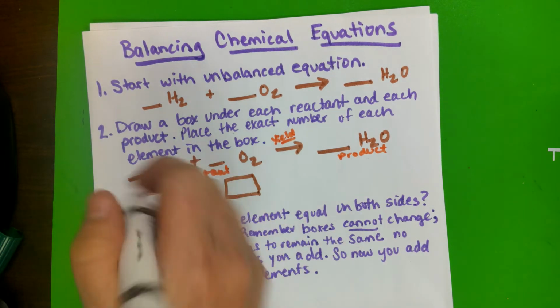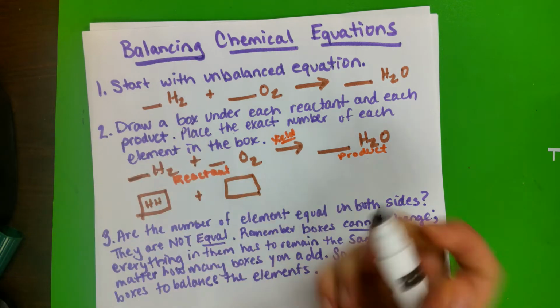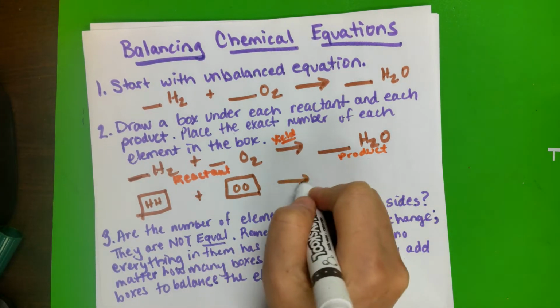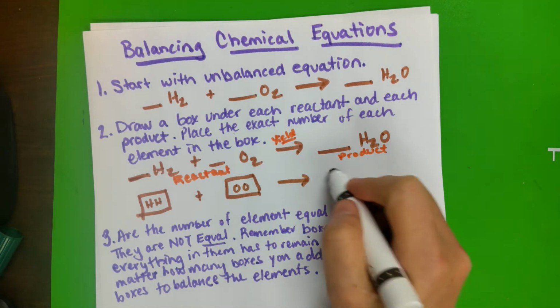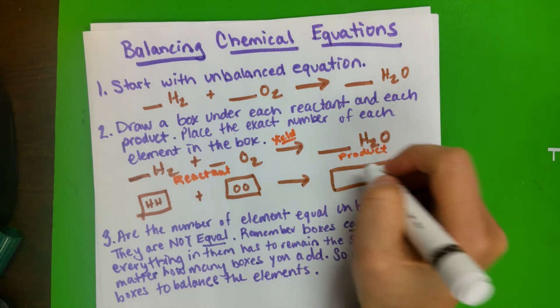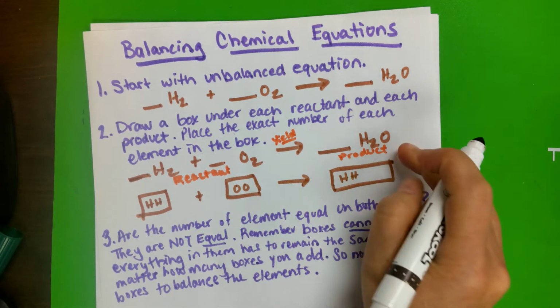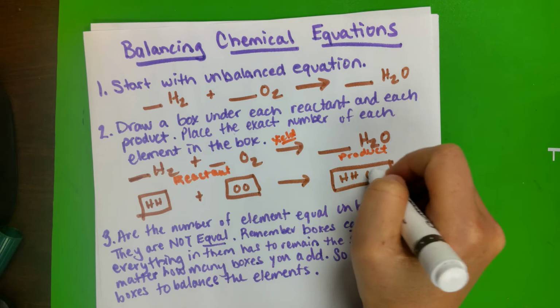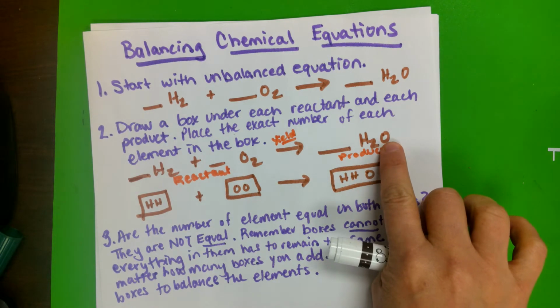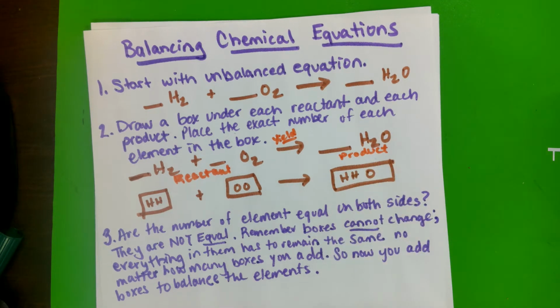So this one has 2, right? So 1, 2, and that has 2 O's. Now we're going to do water, and this one has 2 H's, and then this one has 1 O. Remember you don't have to put a 1, just being there signifies that it's a 1.